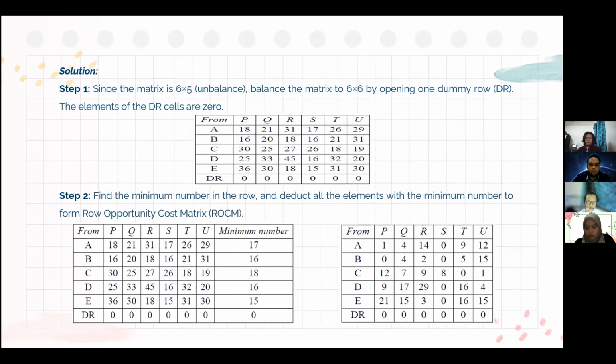After that, we proceed to step 2, which is to find the minimum number in each row so that we can form the ROCM. The minimum numbers here are 17, 16, 18, 16, and 15. After that, we subtract the minimum number from all the elements in its row to form the ROCM.